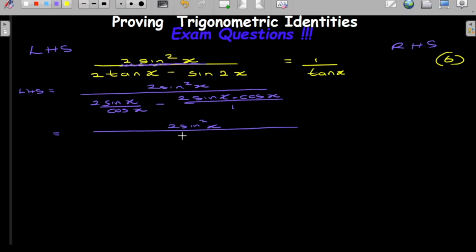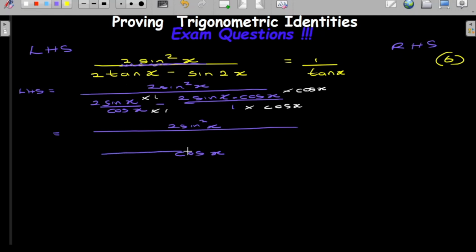Now we have to combine the denominator, and we need to find the lowest common multiple, and we just multiply the two denominators. We multiply the cos by 1, and then you multiply the 1 with the cos. You should know this all the way from primary school, how you multiply fractions.